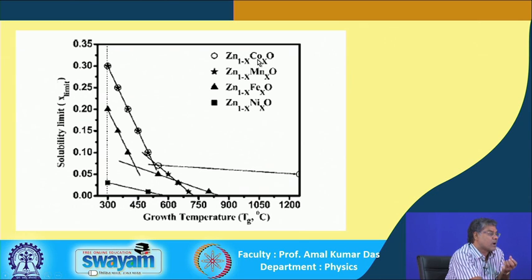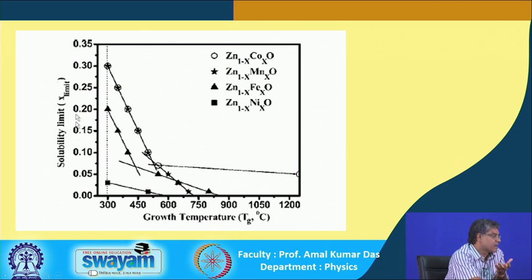So how much cobalt can be dissolved in the zinc oxide? You can think of zinc oxide as the water, and cobalt, manganese, iron, etc. as sugar or salt. We are trying to find out the solubility limit of these elements at different temperatures.